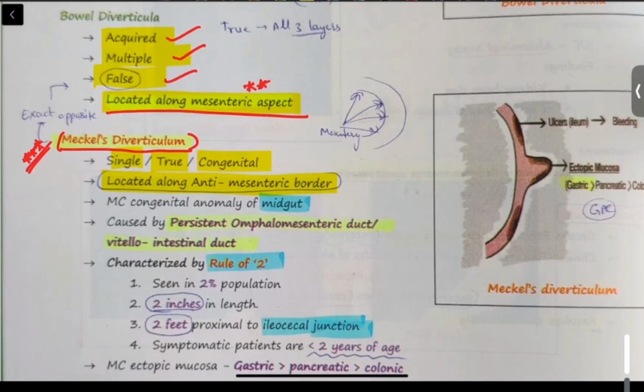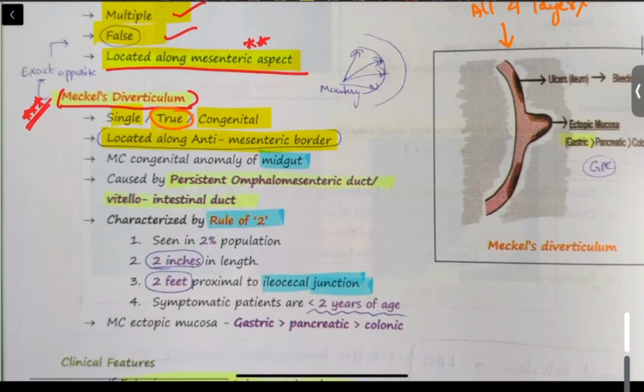In bowel diverticula, there is only herniation of mucosa and submucosa, but here the entire gut wall is protruded, and hence it is called a true diverticula. Similar to the esophageal diverticulum we had discussed, Zenker's diverticulum is a false diverticulum because only submucosa and mucosa are protruded. If all four layers of the GIT are involved, then that is a true diverticula. Meckel's diverticulum is a true diverticula because all four layers are involved, and usually it is along the anti-mesenteric border.